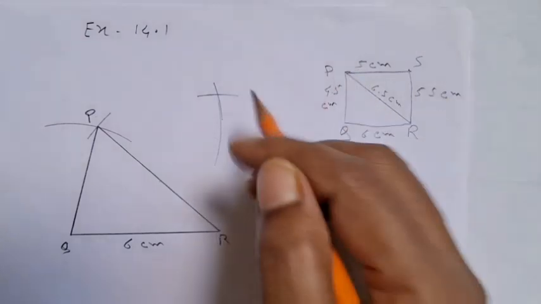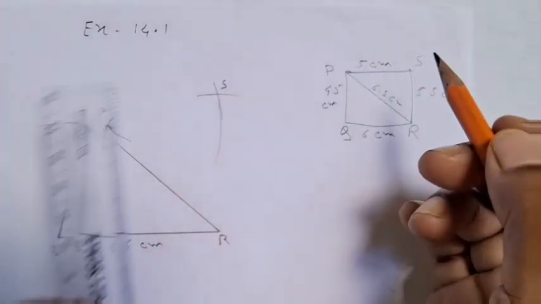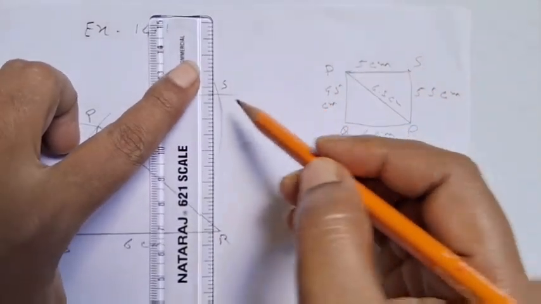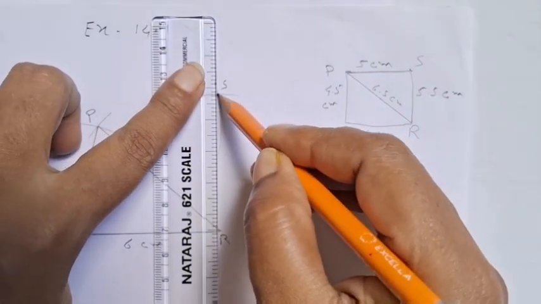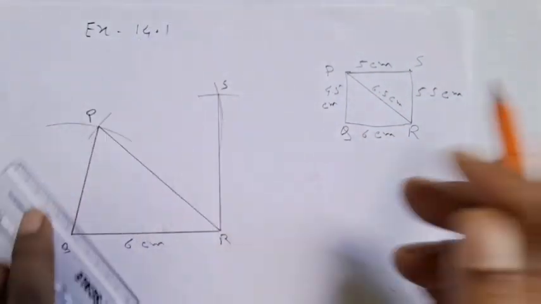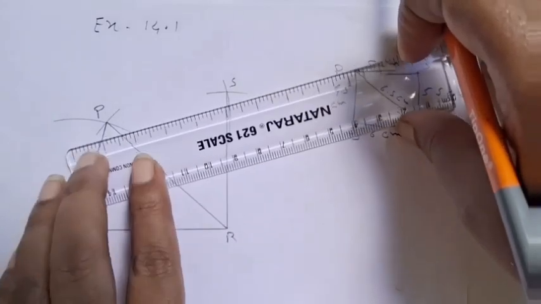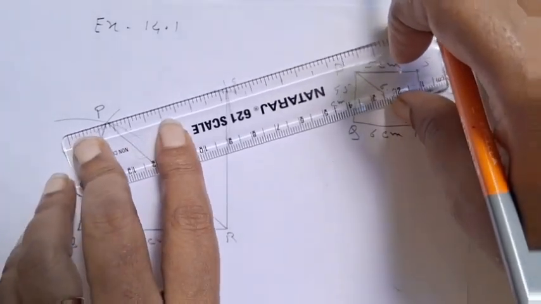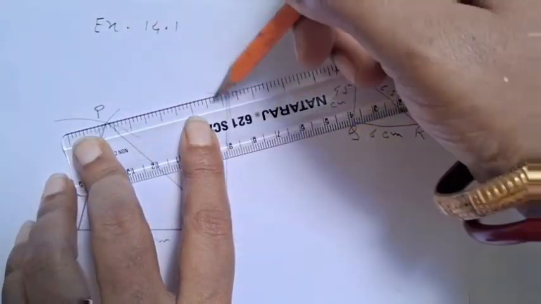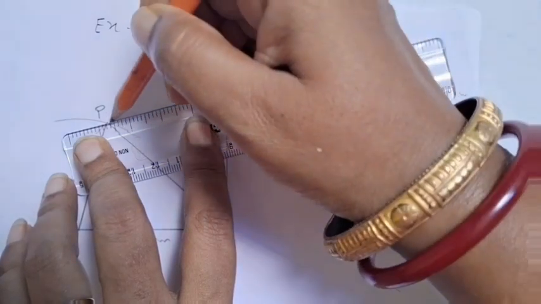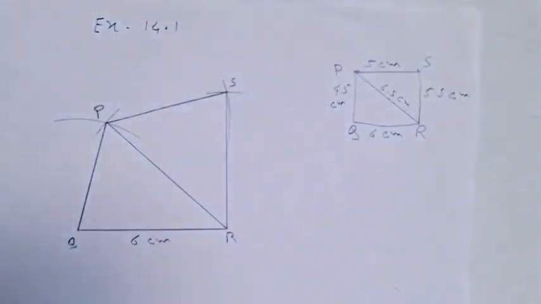This point is S. Now I join SR and PS. PQRS is our required quadrilateral.